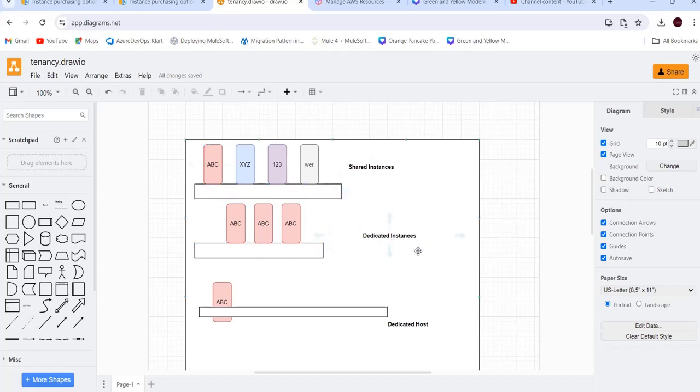So dedicated instances, you can assume this as a rented house or rented apartment. Okay, in your apartment you have rented one 3 BHK. So you have overall control of your own 3 BHK flat only. You are not going to have any authority over the complete building itself.